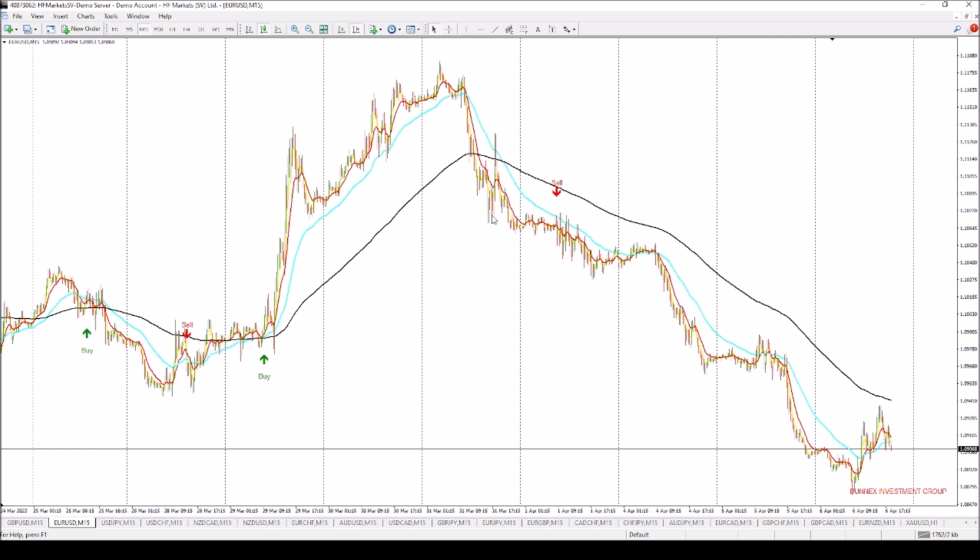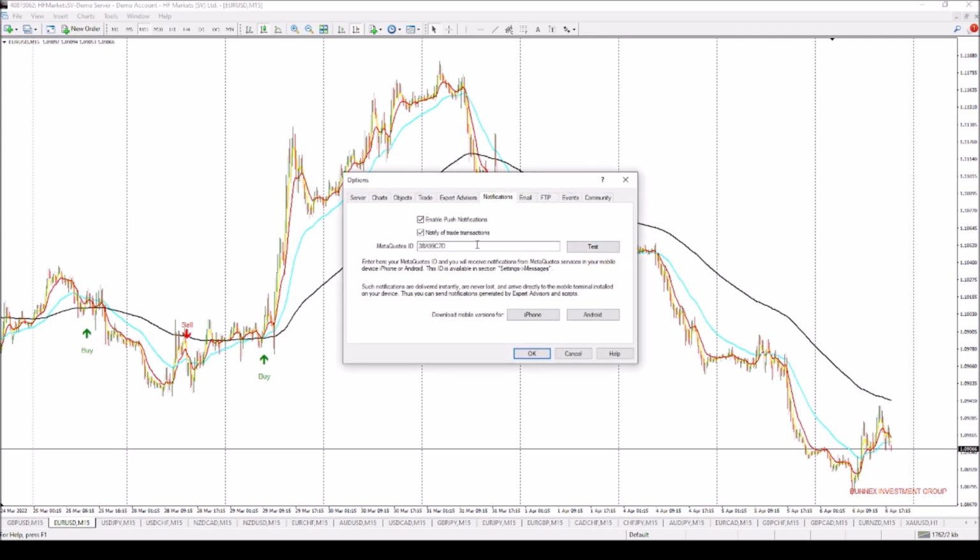Linking the alerts of your PC MT4 and your phone is very easy. You simply go to Tools, then Options, then get this MetaQuotes ID from your phone and add it, then enable push notifications on your phone.